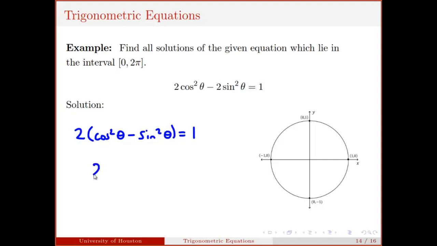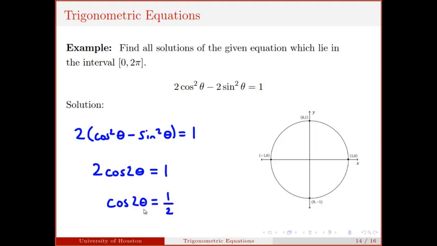Therefore we have 2 cosine 2 theta equals 1. Finally, dividing both sides by 2, we obtain cosine of 2 theta equals 1/2. Here our equation takes a more familiar form.